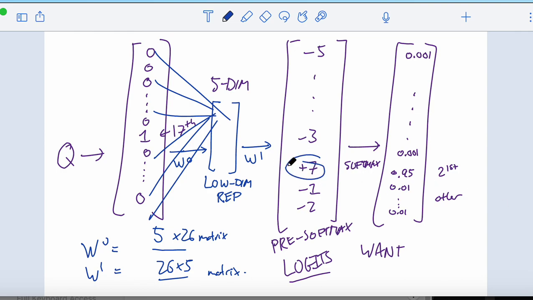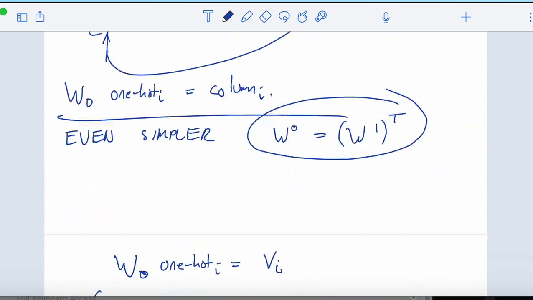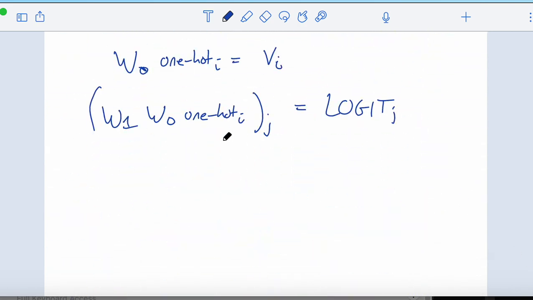When you input a 1 in the 17th component, and you output the logit in the 21st component, that is the entry when i equals 17 and j equals 21. So logit number j for input number 17 turns out to be just the inner product of Vi with Vj.